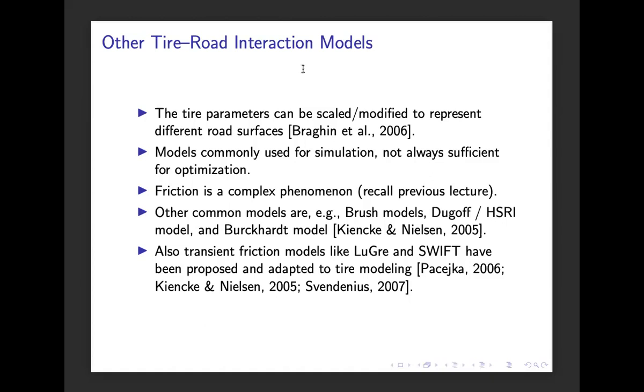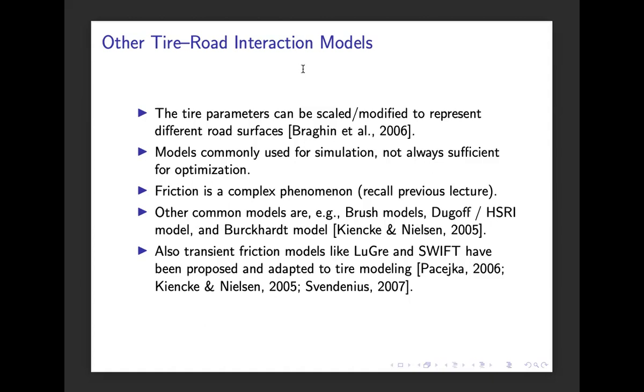And as we know from Carl Johan's previous lecture on friction, friction is a complex phenomenon. There have been a lot of different models proposed for tire force in tire-road interaction models, and I'm just mentioning a few here. These are also based on quasi-static considerations: the forces are functions of the slip or other related quantities.